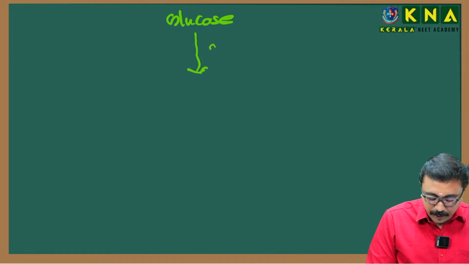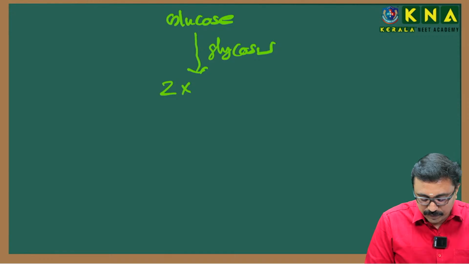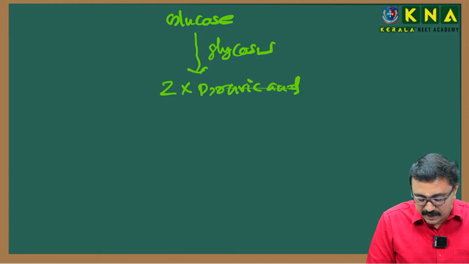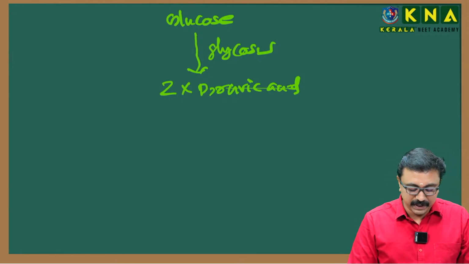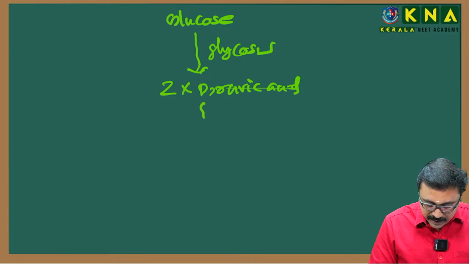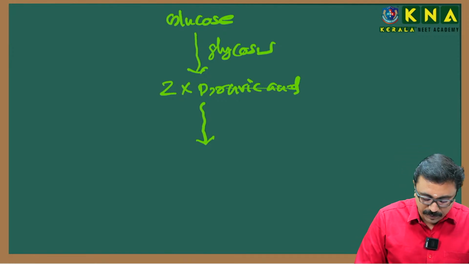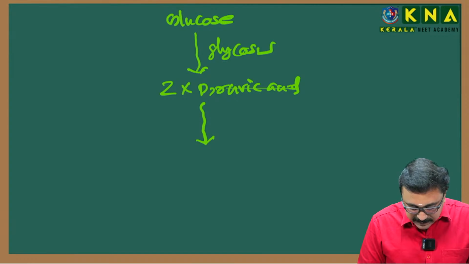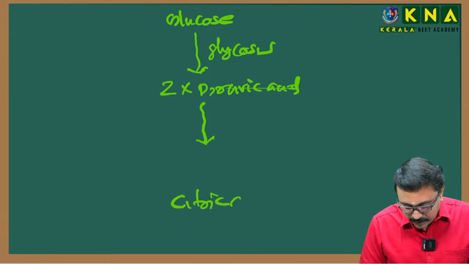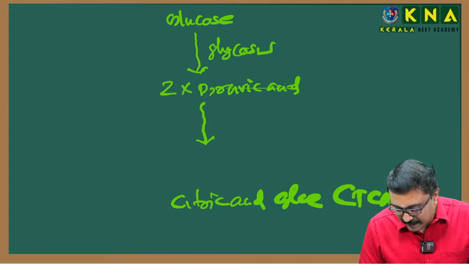Glucose undergoes a process called glycolysis, resulting in the formation of 2 molecules of pyruvic acid. If the condition is aerobic, these 2 molecules of pyruvic acid enter a cycle called the Krebs cycle, or citric acid cycle, or TCA cycle.